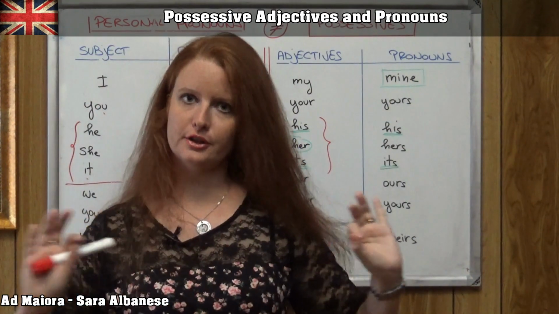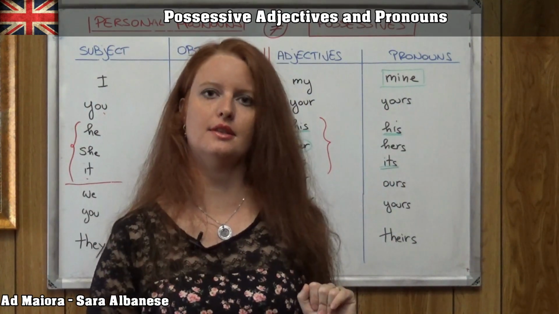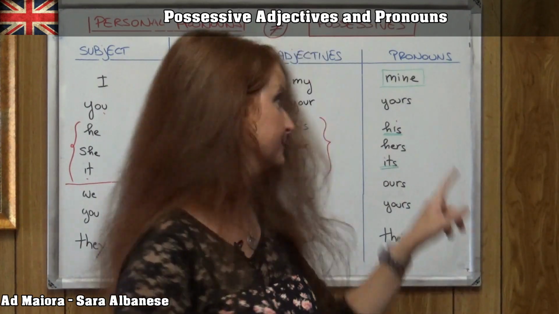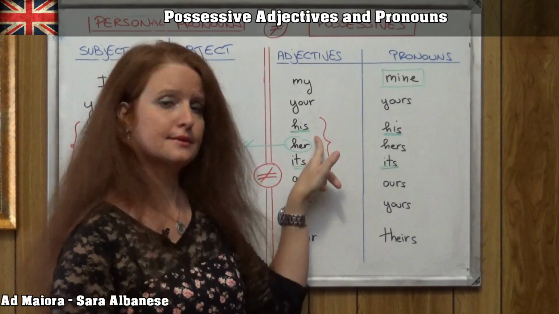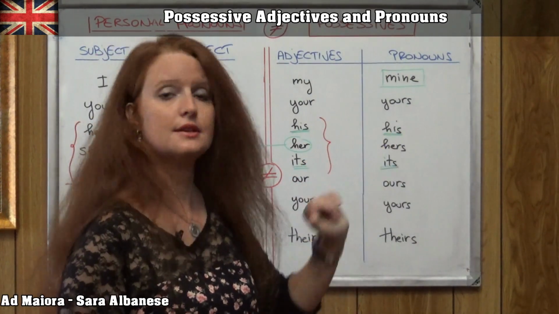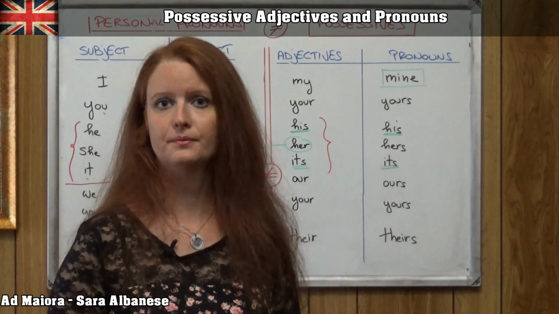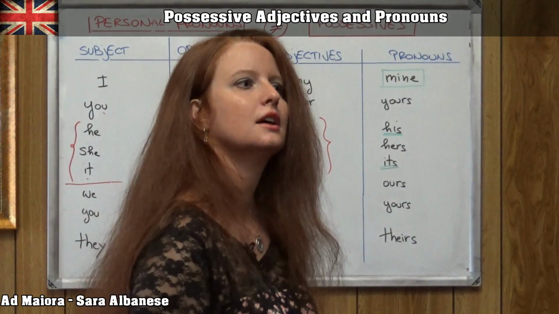Your is perfectly regular and becomes yours, adding the s at the end. My children are fine, and yours, here it is. Then his, as we said before, doesn't change because the s is already there. We won't put two s at the end.